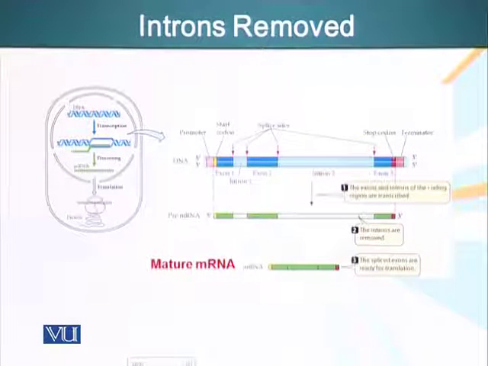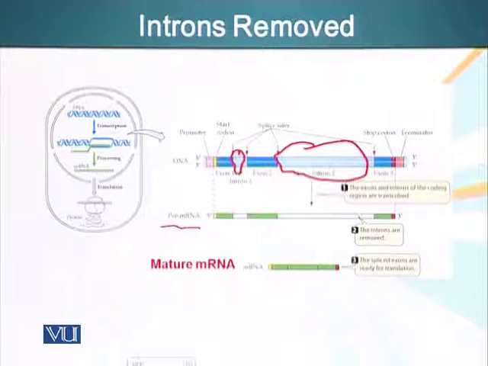So let's first look at what introns are and how they are removed. The regions in DNA which are not used for coding amino acids in a protein are introns. They are DNA sequences which will be transcribed into pre-messenger RNA, but will be removed from that messenger RNA once it matures. So the initial transcript, the pre-messenger RNA, has both exons and introns.